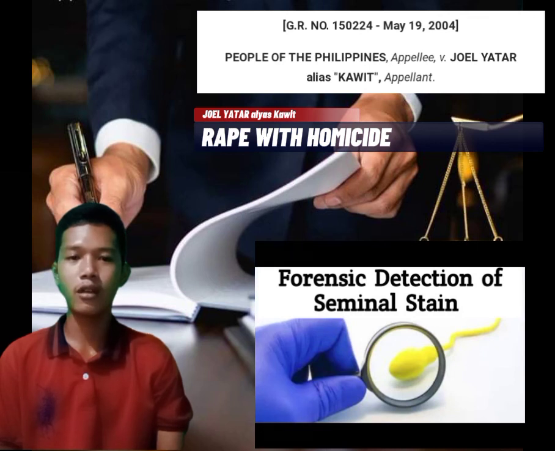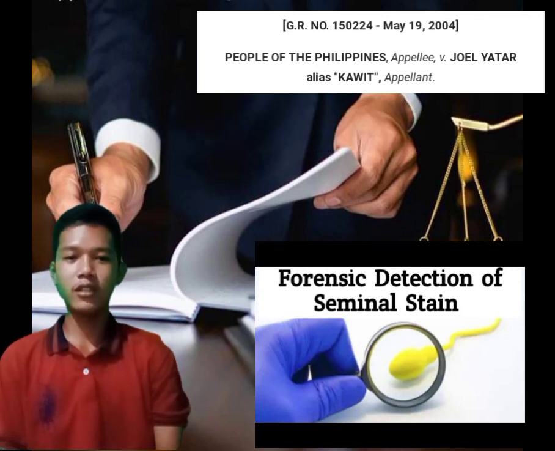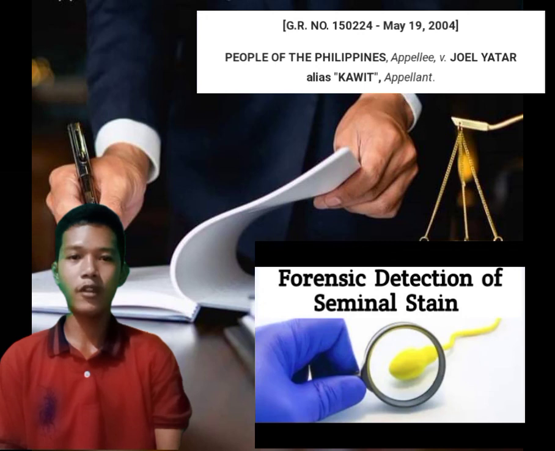Exemplary damages cannot be awarded as part of the civil liability since the crime was not committed with one or more aggravating circumstances. Wherefore, in view of the foregoing, the decision of the RTC of Bulanao, Tabuk, Kalinga, Branch 25, in Criminal Case No. 39-98, sentencing appellant Joel Yatar alias Kawit to death for the special complex crime of rape with homicide, is affirmed, but the award of exemplary damages is deleted.